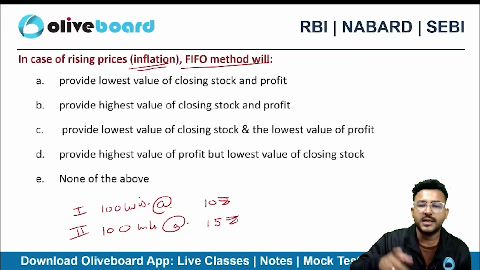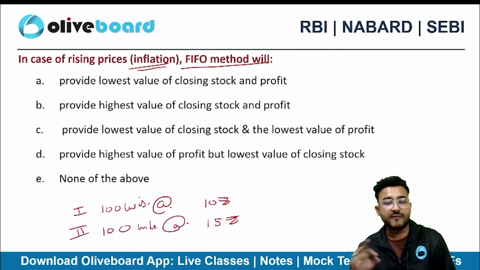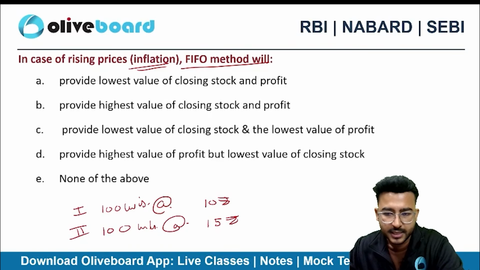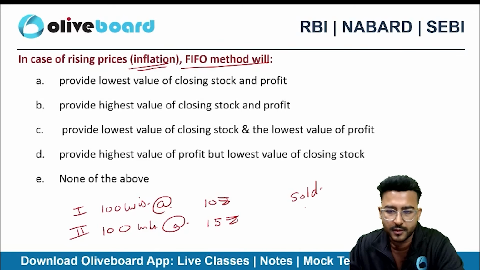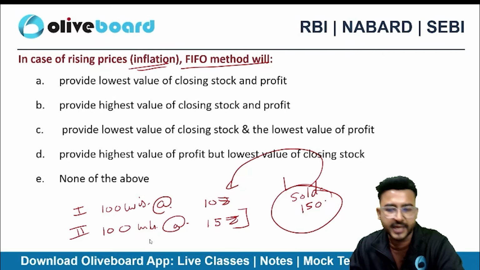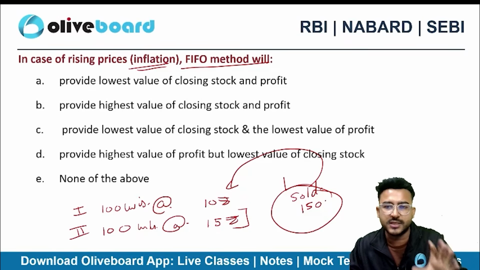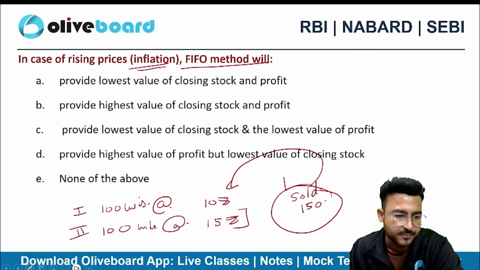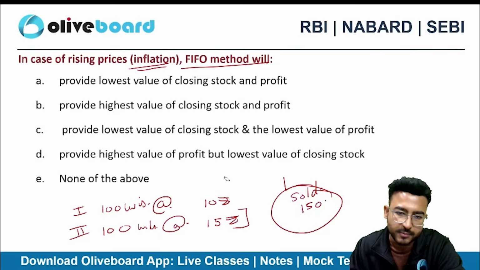Why? Because first in, first out. Let's suppose I sold 150 units. So first I will consume lot 1, and then I will consume 50 units out of the second lot. So the final closing stock that I have in my business will be from the second lot.